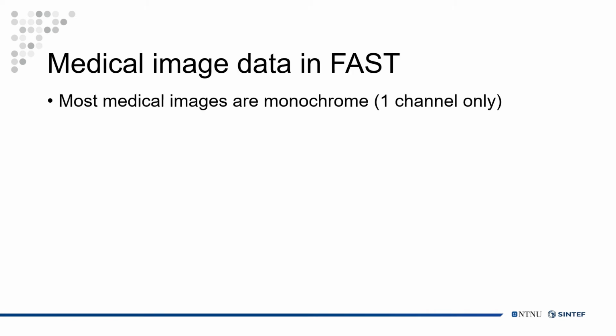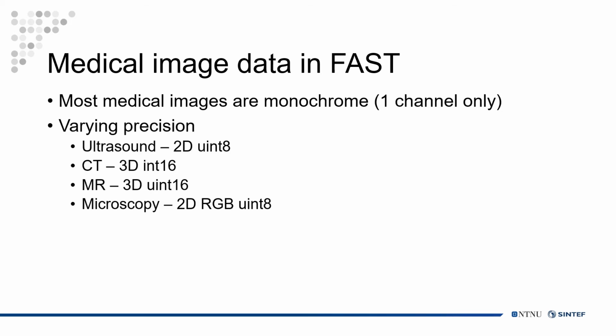Most medical images are monochrome, meaning that they have only one channel. However, the images come with different precision. For instance, in ultrasound, we typically have 2D data stored as unsigned 8-bit integers, while in CT, it's common with 3-dimensional data stored as signed 16-bit integers, and in MR, unsigned 16-bit integers.